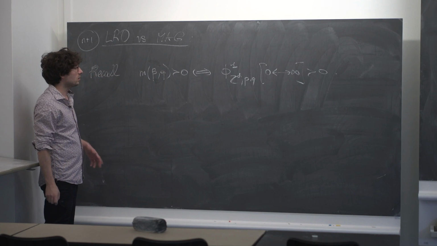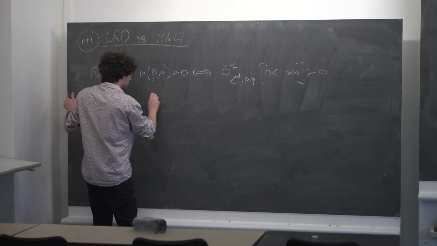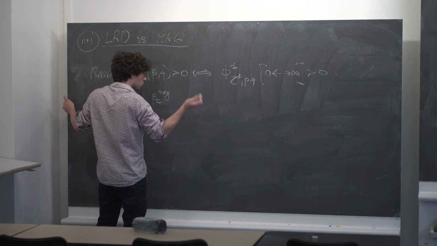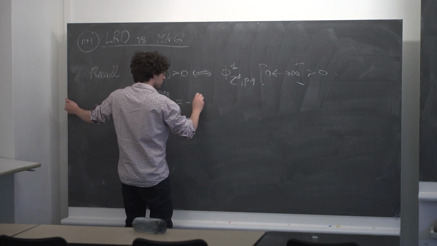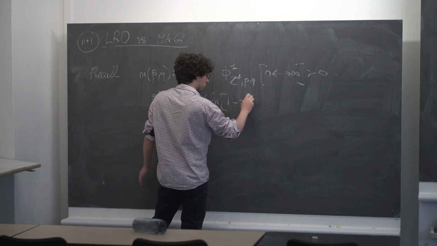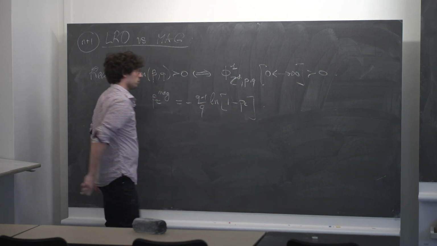Okay? So it tells us that beta C magnetization is related to the critical points that we introduced of the random cluster model.